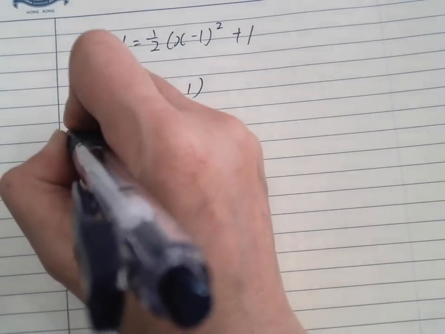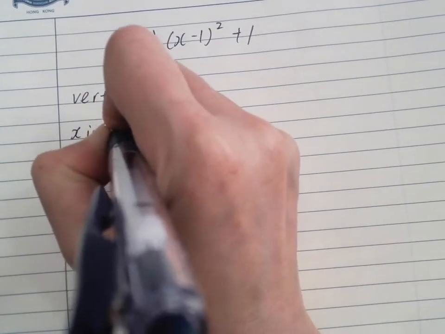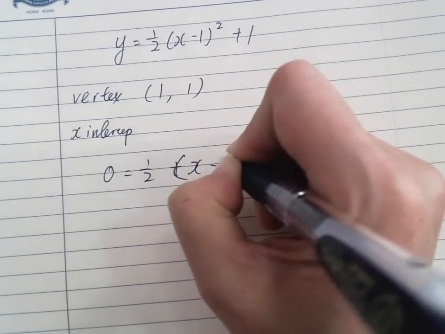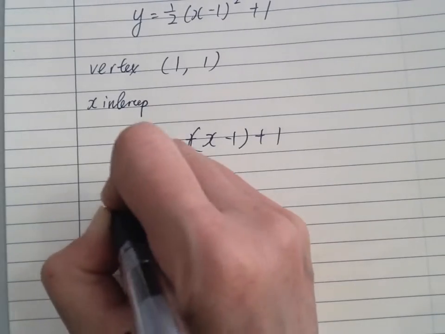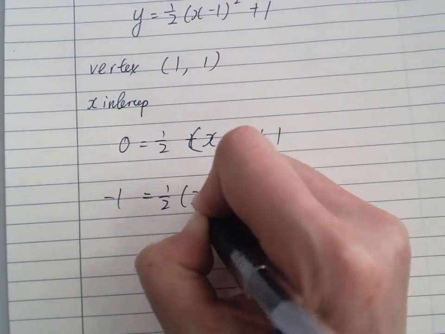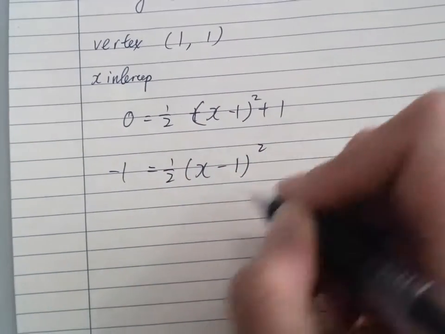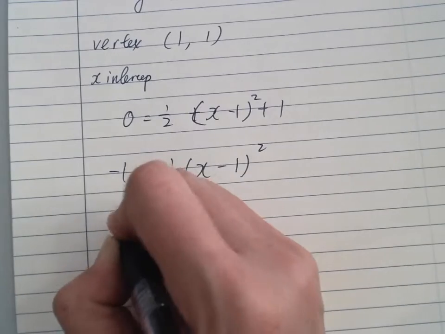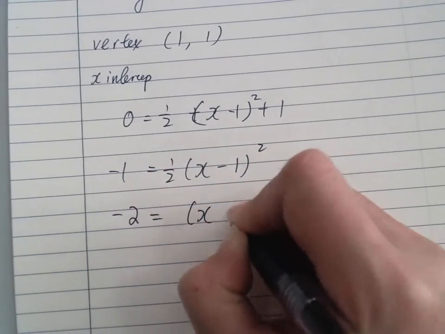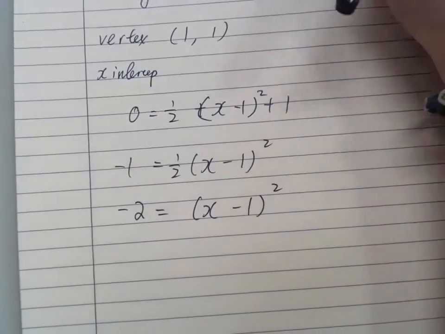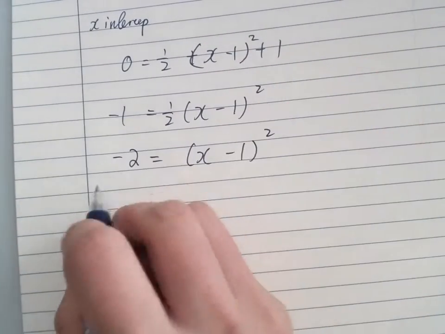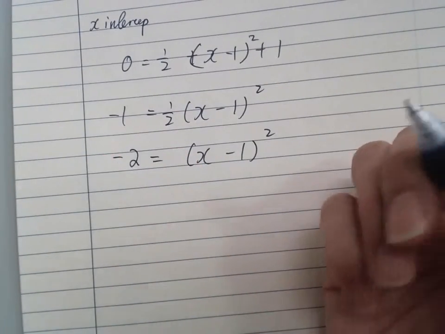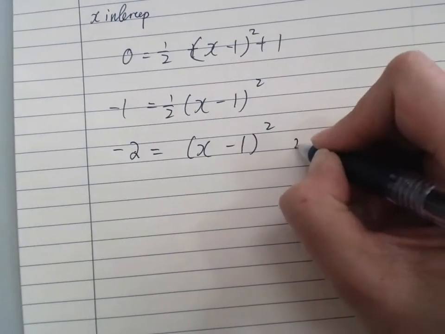And then the x-intercept, so 0 equals 1 over 2 times x minus 1 squared plus 1. Negative 1 equals 1 over 2 times x minus 1 squared. So multiply the 2 over there. Negative 2 equals x minus 1 squared. So this means that the curve will not have a root because it's negative.